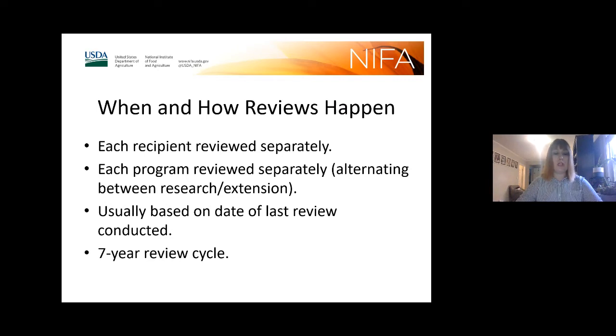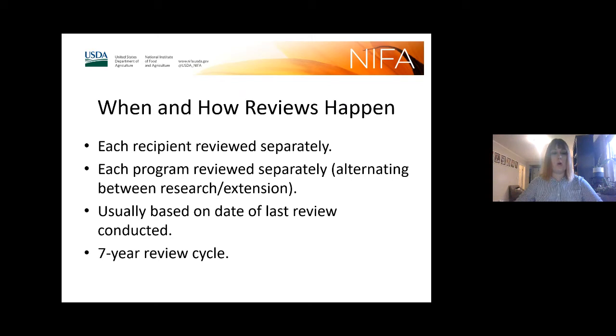We will also be alternating between reviewing research programs and activities, and reviewing extension programs and activities. And that's not to say that if we do a research review and we conduct a compliance review of just the research programs and activities for a specific university, we won't be willing to meet with the extension folks, and the extension folks can't participate in the exit and entrance conferences.